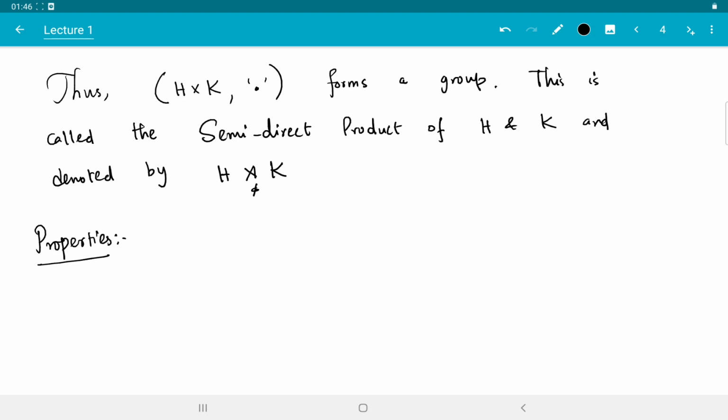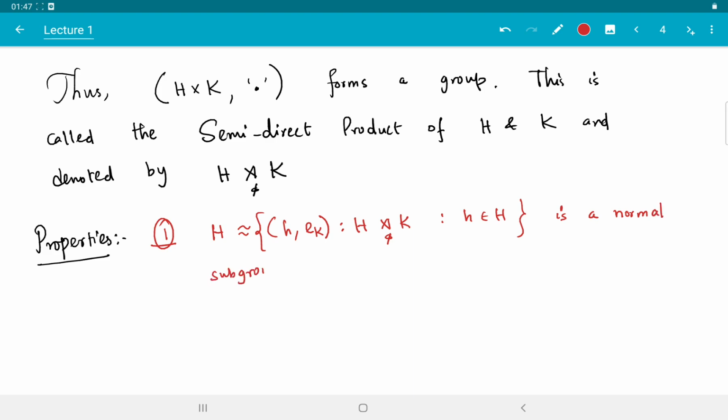The first one: if I take h in H, we can identify it with (h, eK), where h is in H. So this is a normal subgroup of H semidirect K.